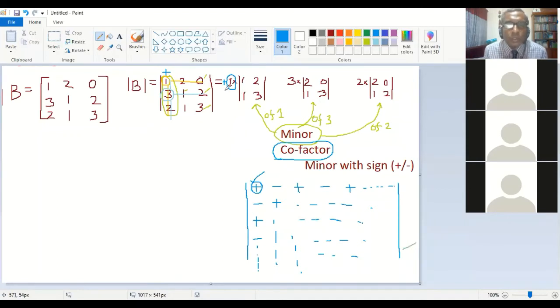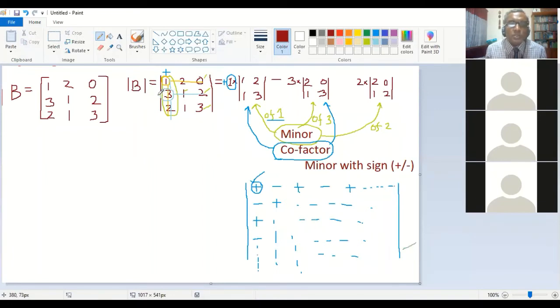So with the plus sign, this same thing will be called cofactor of 1. Okay. And the second thing will also be a cofactor if you put the sign, and in this case the sign will be minus, because 3 is the second.